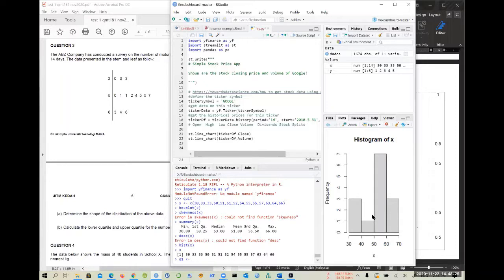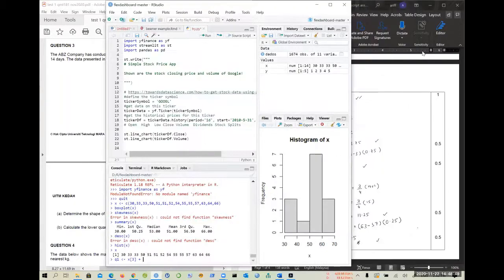Okay, you have X3 plus, apa ya dia punya ni? 0.75 eh? 0.75 multiply with X4 minus X3.